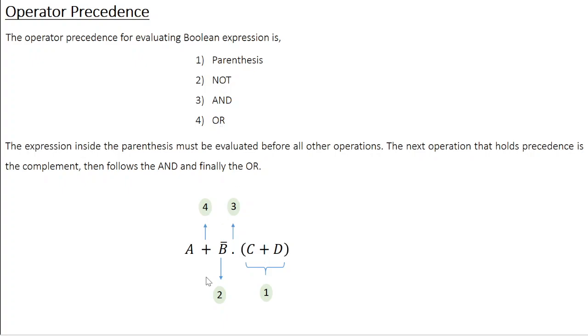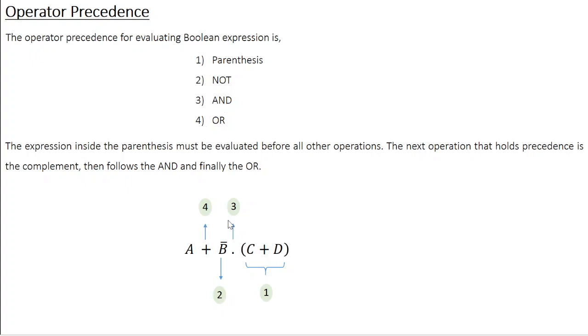We can illustrate this with an example. Take an expression A plus B complement dot (C plus D). Okay. So first preference goes to parenthesis. Whatever is inside this bracket is calculated first. So C plus D, or C OR D, is calculated first. Next preference is for NOT, so B complement is calculated second.